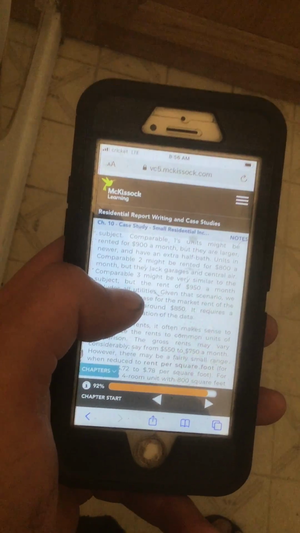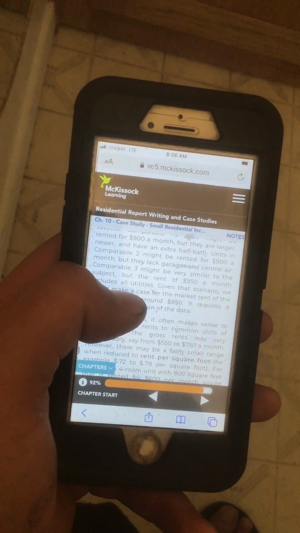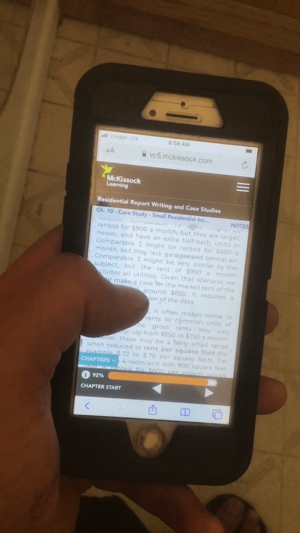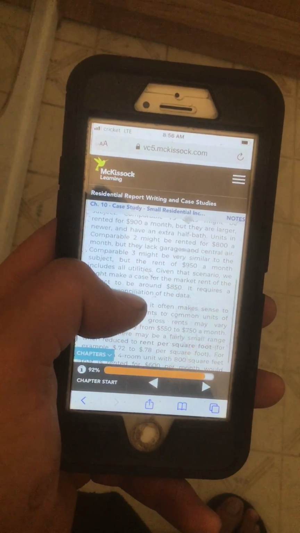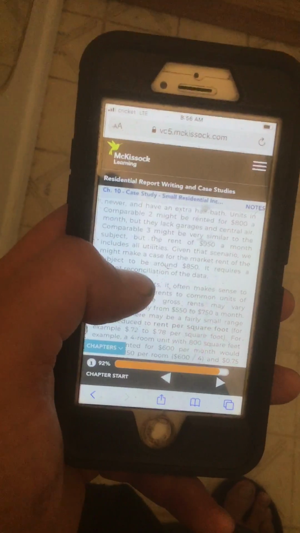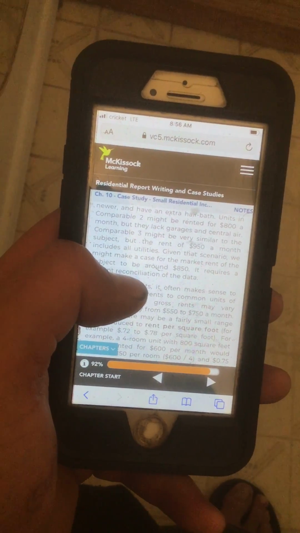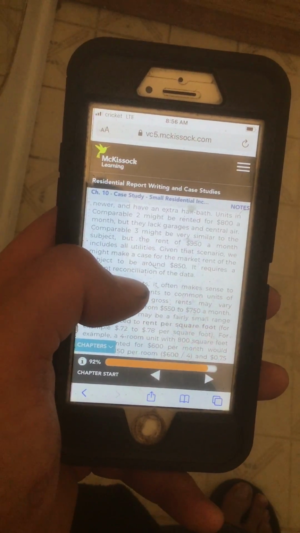Comparable 1 units might be rented for $900 a month, but they are larger, newer, and have an extra half bath. Units in comparable 2 might be rented at $800 a month, but they lack garages and central air.